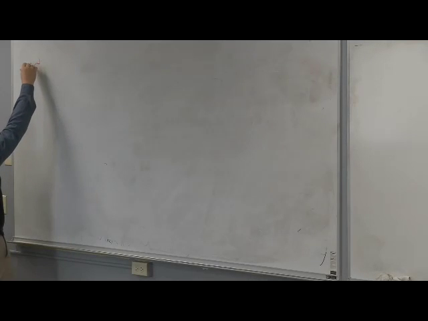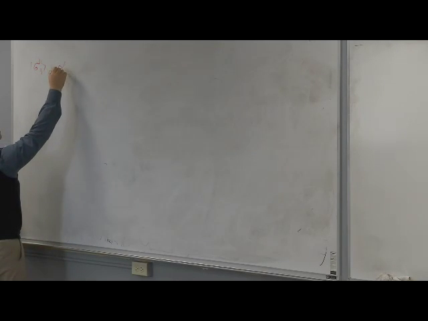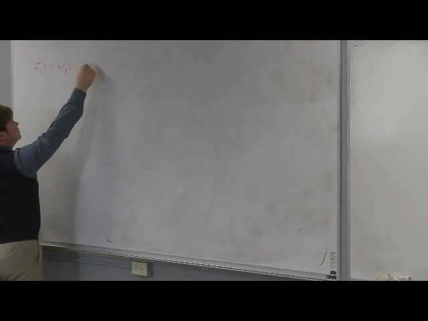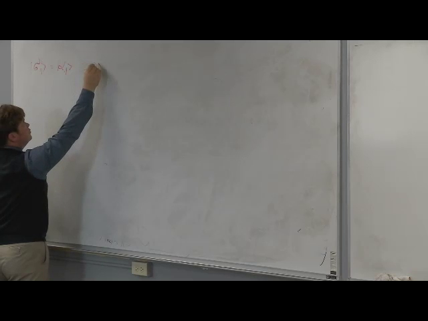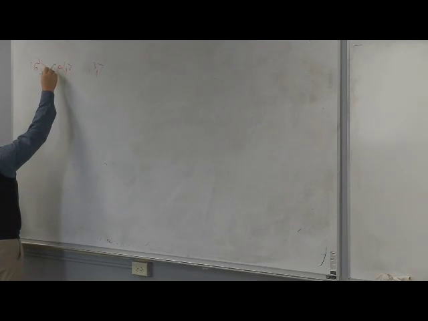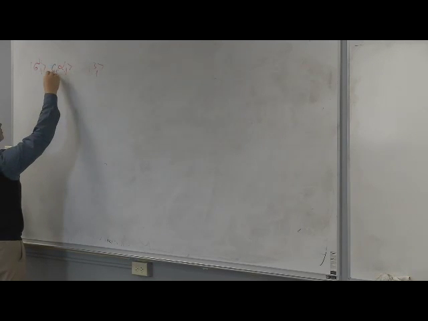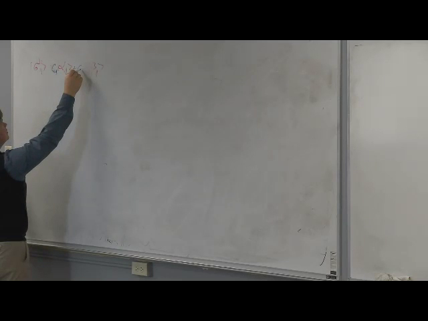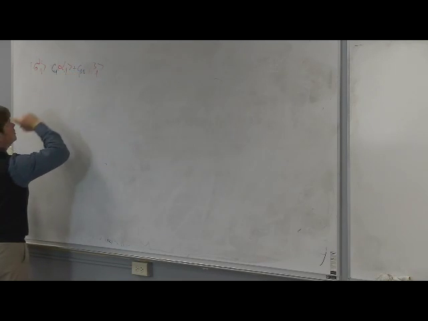So if you have the spin of electron 1, it is a superposition of alpha and beta for electron 1 with coefficients C alpha 1, C beta 1.